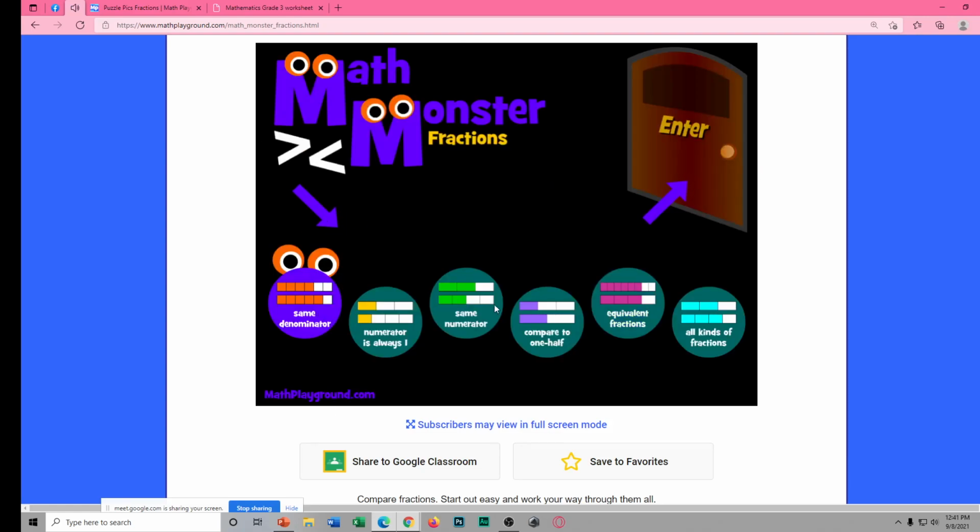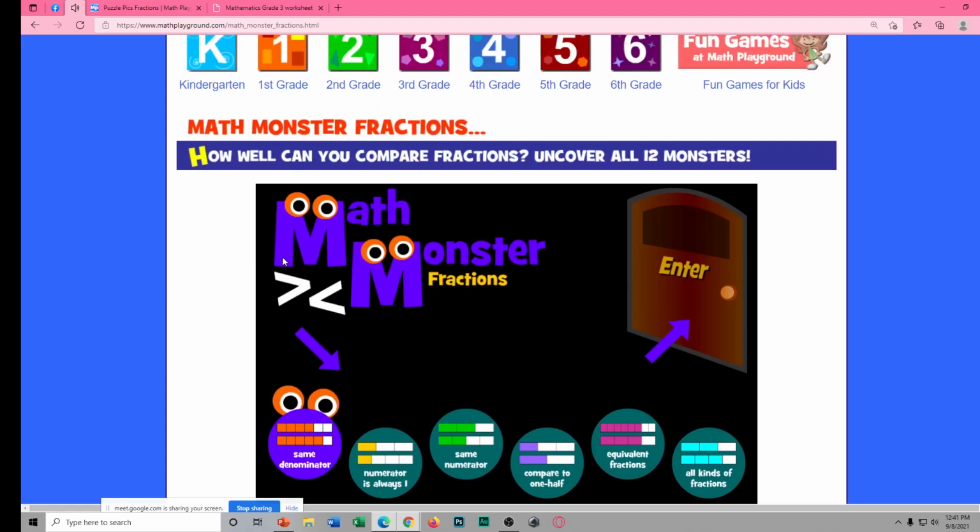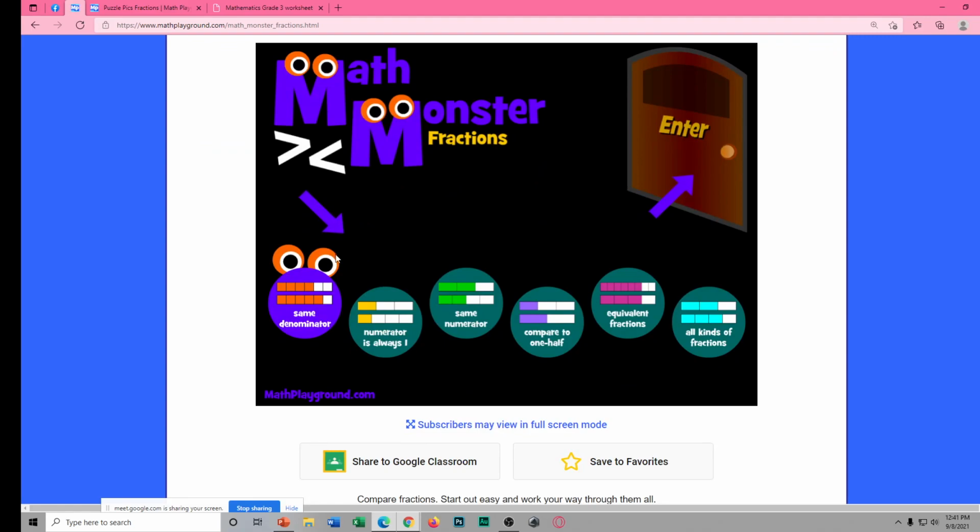Let us just try this one only. I will share. When I share the link, you are going to press this one, the orange one, and then press enter. Do you see it? Only press this, only one. This and then this.